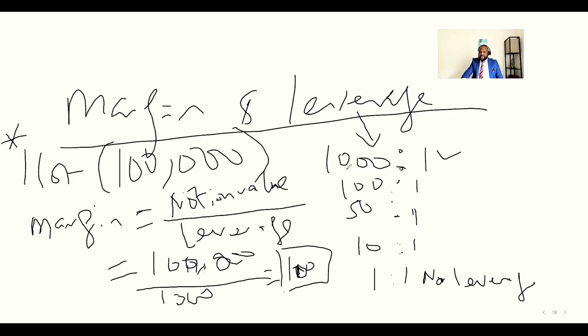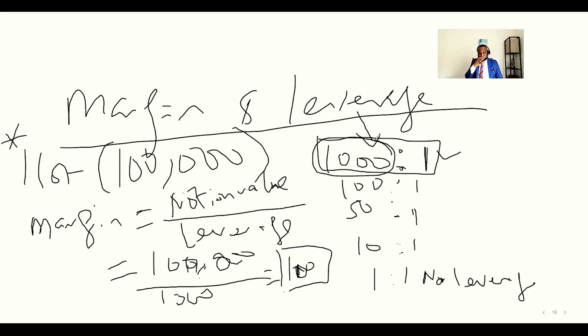And 1,000 to 1 means this: for every $1 you have, we allow you to access $100,000. For every one currency you have, you have access to 100,000 of that.